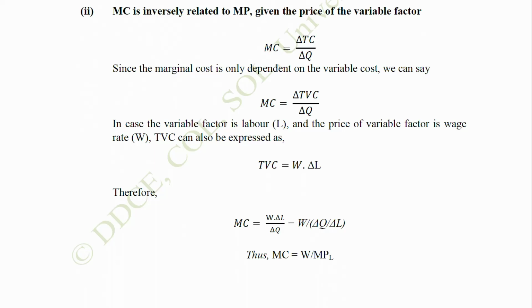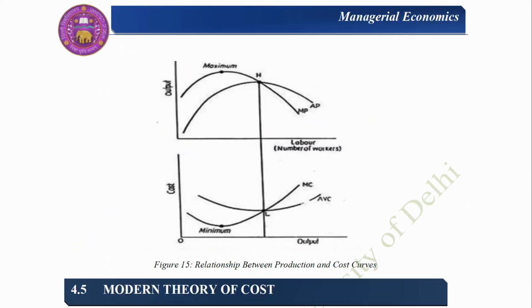Therefore, marginal cost is equal to wages times change in labor upon change in quantity, which is equal to wages upon change in quantity divided by change in labor. Thus, marginal cost is equal to wages upon marginal product of labor. Figure 15 shows the relationship between production and cost curves.